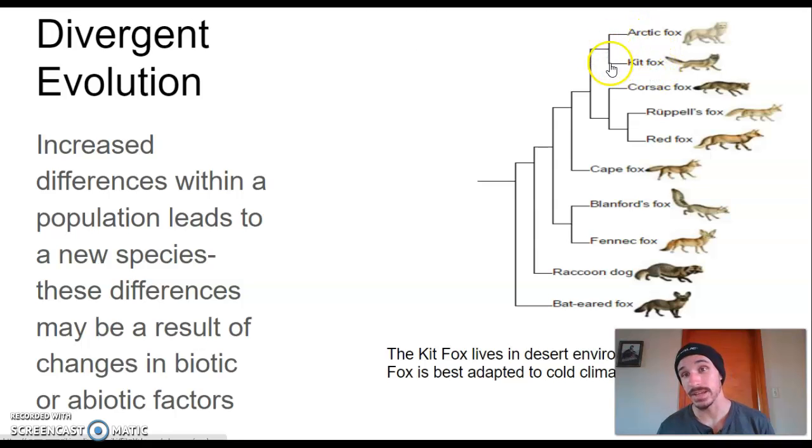These lines are examples of divergent evolution, and if you go backwards in a divergent evolution tree of life here, you see that life almost converges to this singular point that is the ancestral species of all of these species of fox.